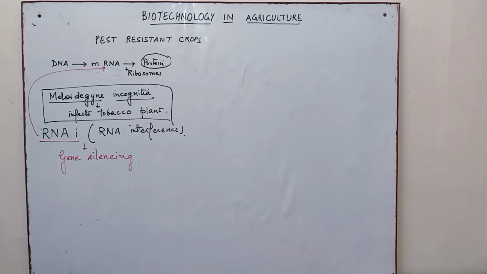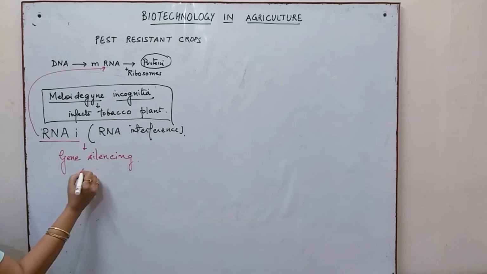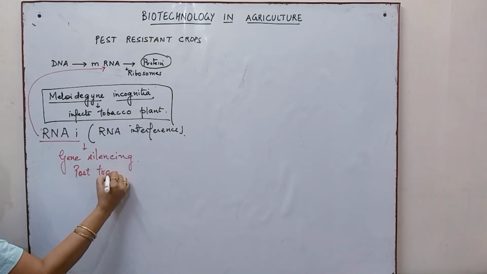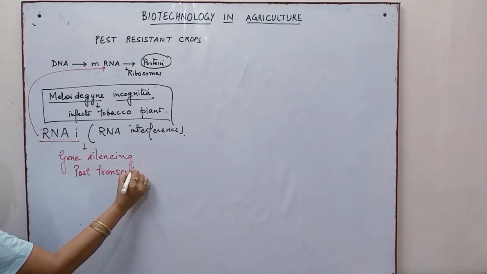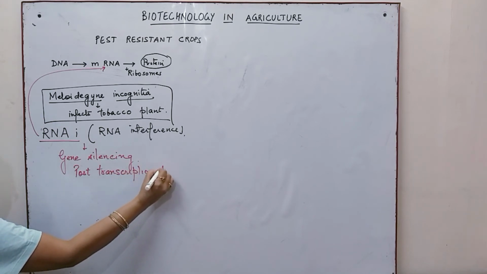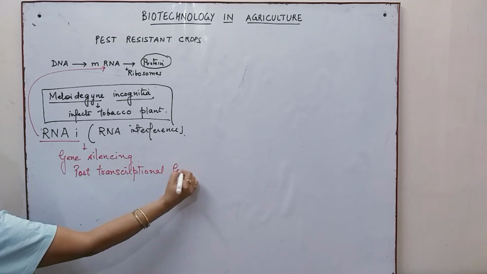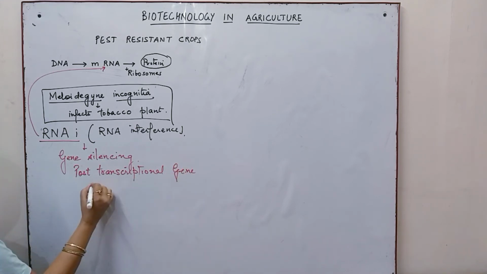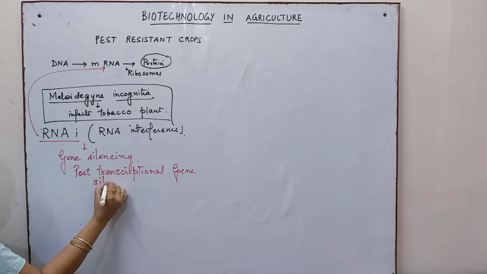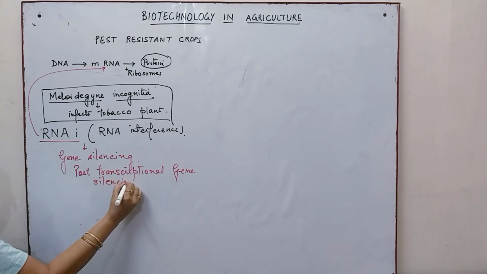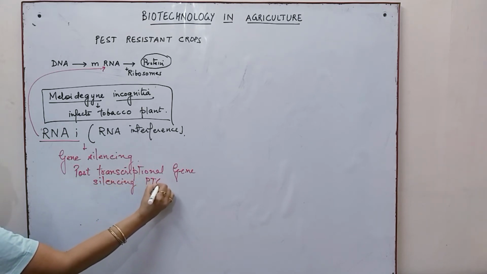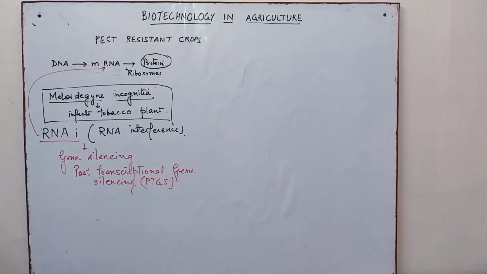And since this is happening after the transcription, it is known as post-transcriptional gene silencing. So it is after the transcription, so we call it post-transcriptional gene silencing, or in short, PTGS.